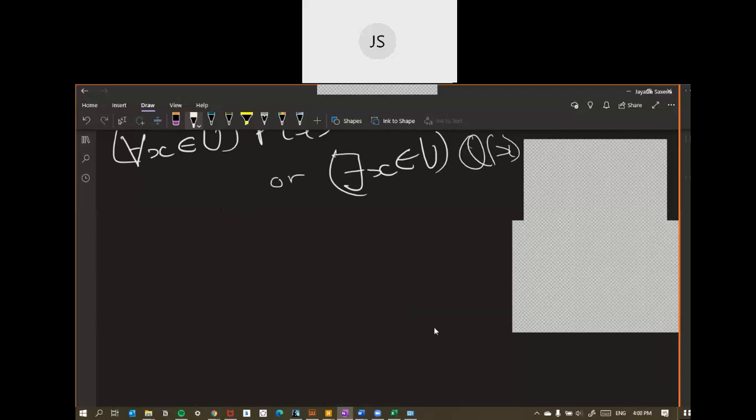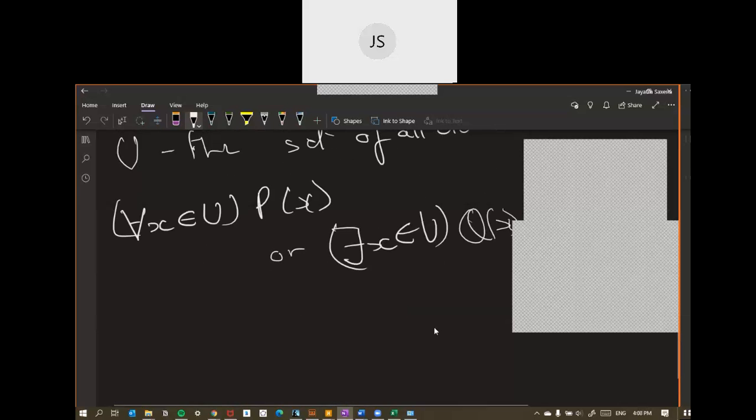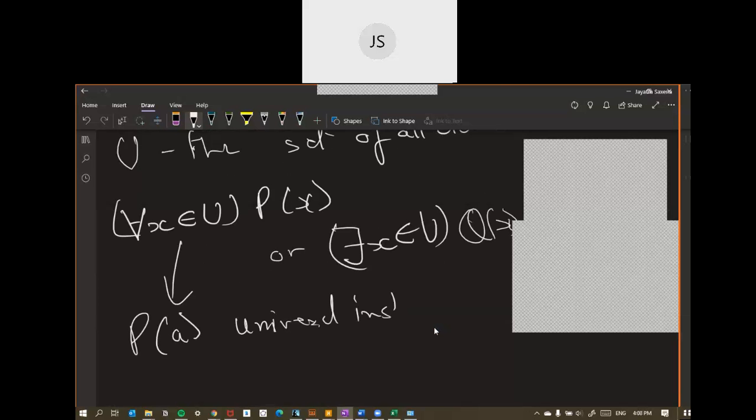So we use universal instantiation, where we would write something like P(a) for P, and we'd say universal instantiation. Now, what does this mean?